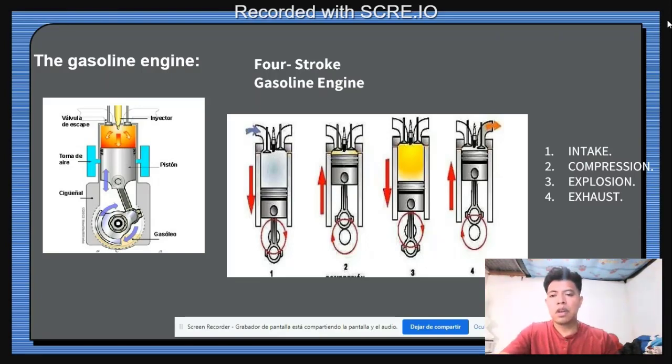The combustion cycle has the following steps: one, intake; two, compression; three, expansion; four, exhaust. In intake, the intake valve is open and the piston moves down, drawing in the fuel-air mixture. In compression, the valves are closed and the piston moves in the opposite direction, compressing the combustion mixture.